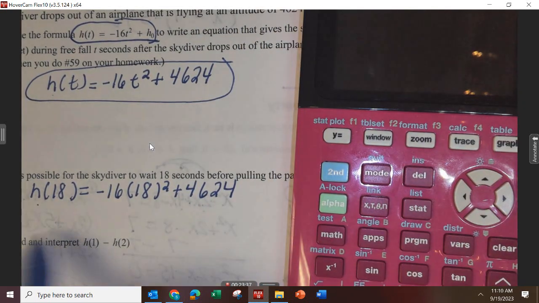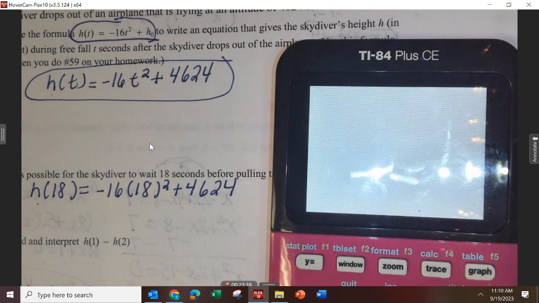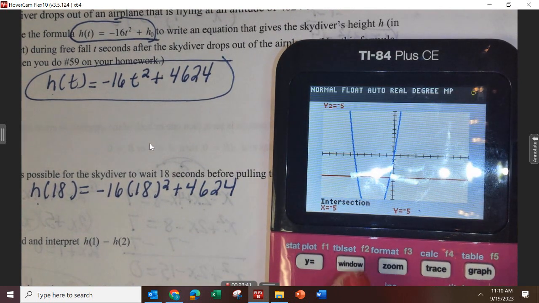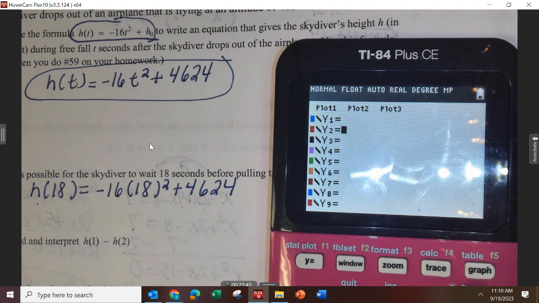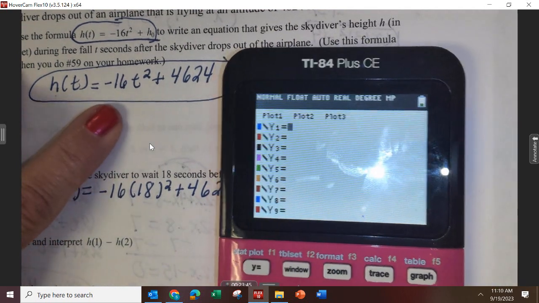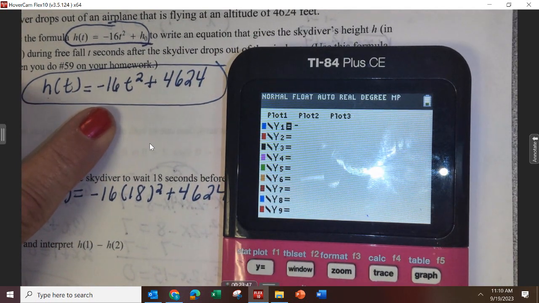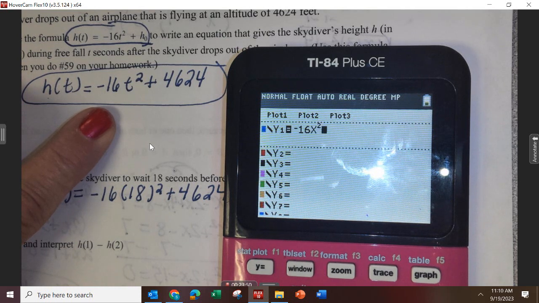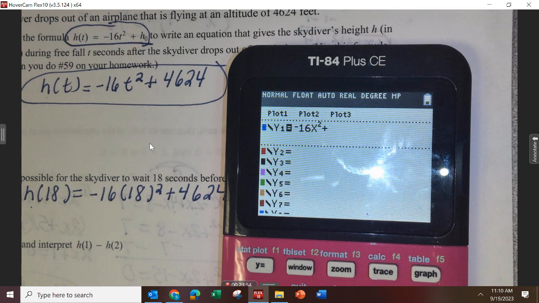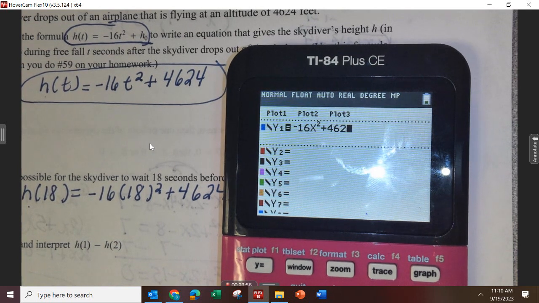Okay? Watch how I'm going to do this. I'm not going to plug that into my home screen. I think it's interesting to see this. So I'm going to put in negative 16x squared, and then I'm going to do plus 4624.